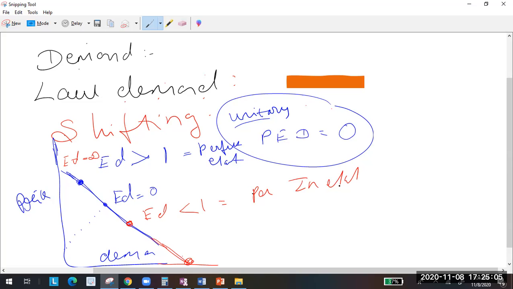How will PED react at this point? Sorry, in this situation, PED is equal to 0 at perfectly inelastic. This is touching the x-axis. That means 0, right? Because when the x-axis and y-axis cut each other, we have 0. So here ED is equal to 0.